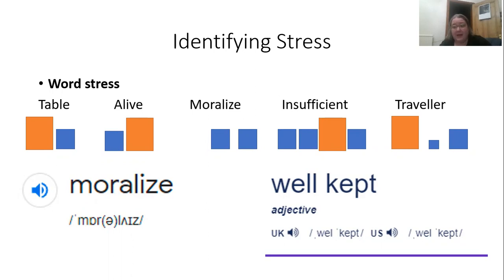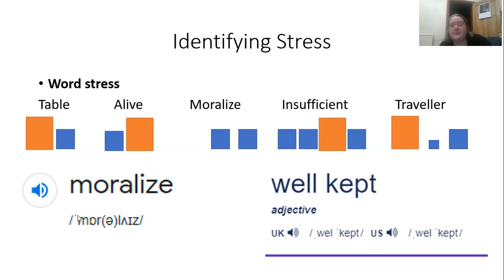Another easy way to do this is to look online or look in a dictionary at the words that you're looking for, and you will find the stress of the word indicated in relation to the form of English that you're using often. So this is just from Google. You can see I've looked for the word moralize, and you can see here this is written in phonetic script, but look for the little quotation mark or the little apostrophe here.